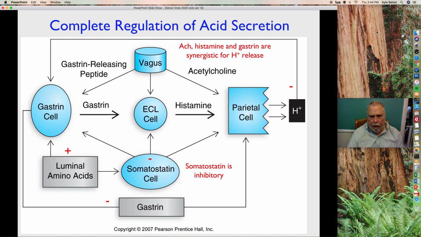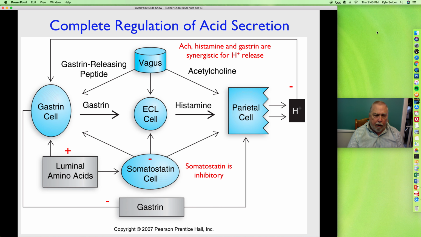So things like Benadryl and Tagamet was the big one, histamine blocker that was supposed to help you with stomach acid secretion. And then they came up with the idea that why don't we just block it at the parietal cells? And they came up with proton pump inhibitors, which all of the antacids that you take now are proton pump inhibitors, and that would be Nexium and Prilosec and those things.